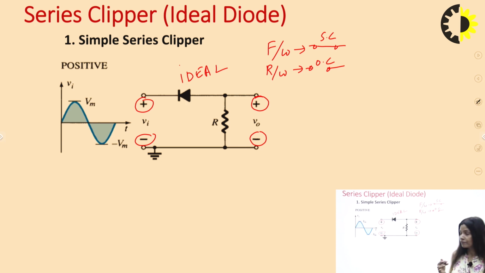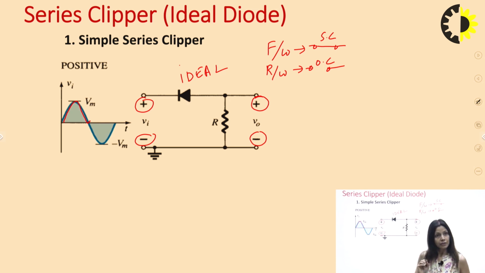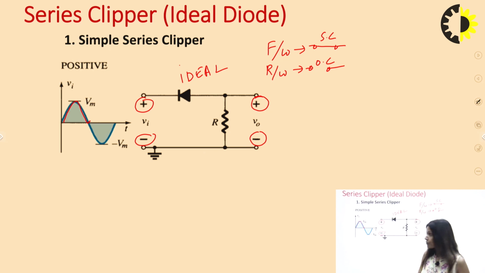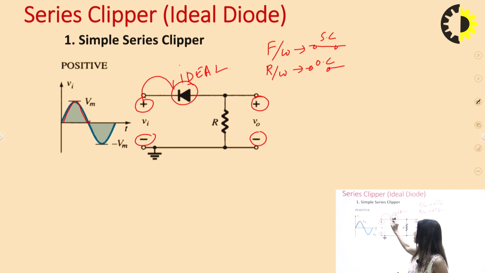First of all, for this particular part of the waveform, all the voltages are positive. For this part of the waveform, the voltages are negative. When the positive voltage is coming, this positive terminal is connected to the negative terminal of the diode, which means the diode is reverse biased for the positive half cycle.